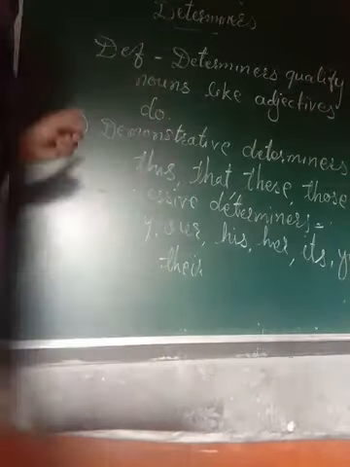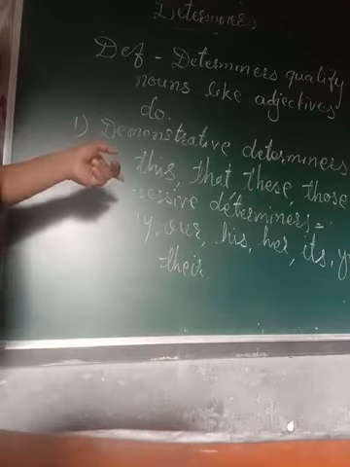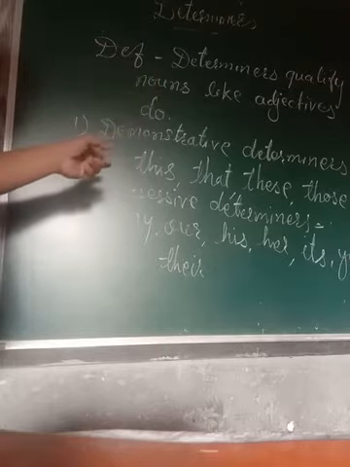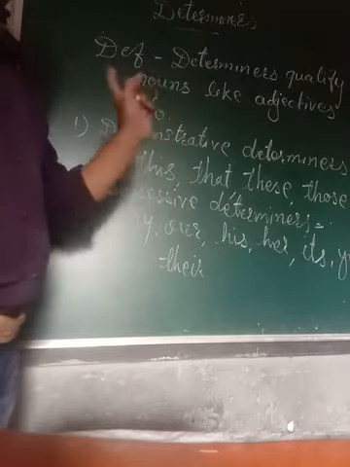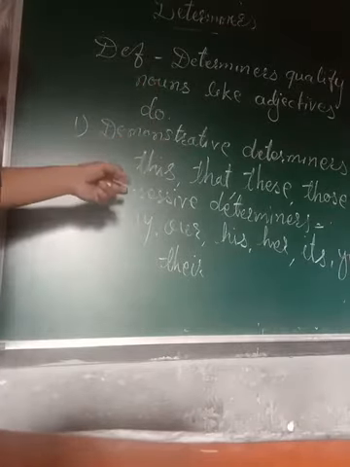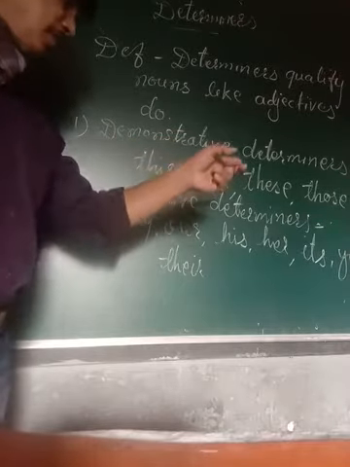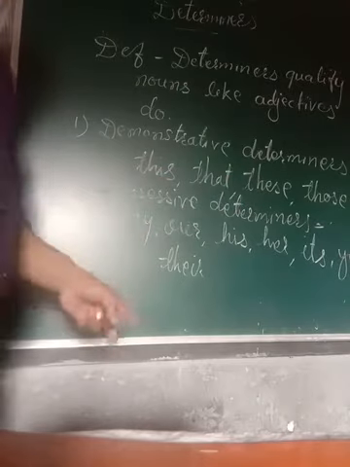So look, these two types we saw here. First one is demonstrative determiners, and they are this, that, these, those. Number two, possessive determiners, and they are my, our, his, her, its, your, and their.